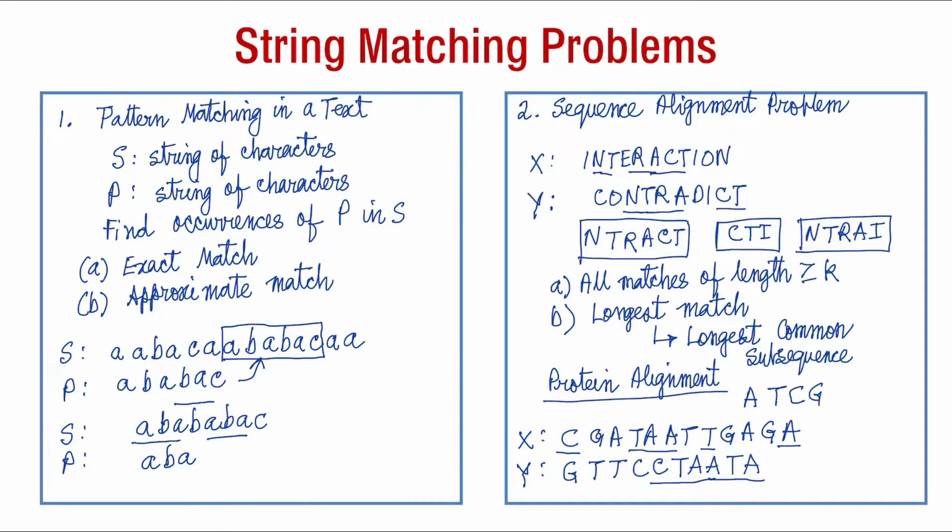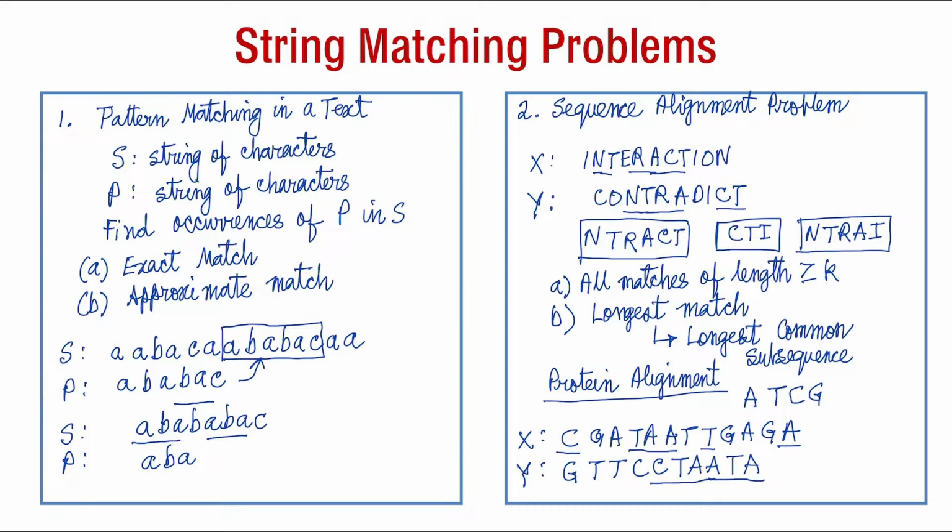So the CTAA TA in Y matches a sequence in X, and that is the longest subsequence here. And there are several variations of this protein problem, and as we can see, there are proteins of millions of length size, and how do we solve this problem intelligently?